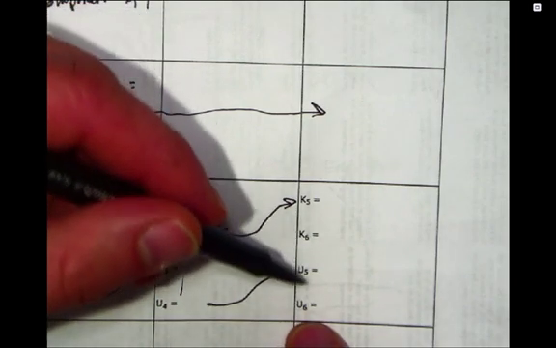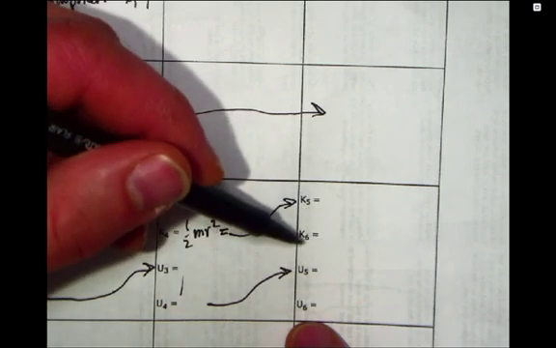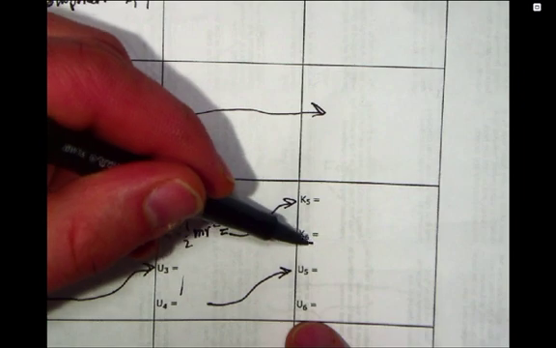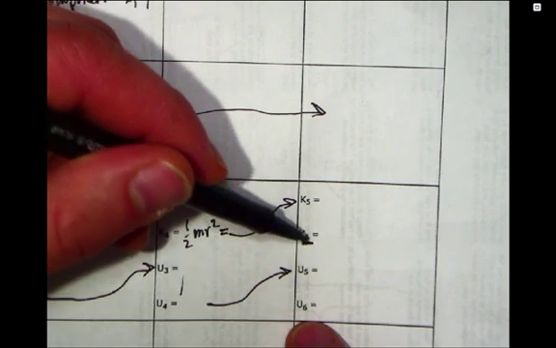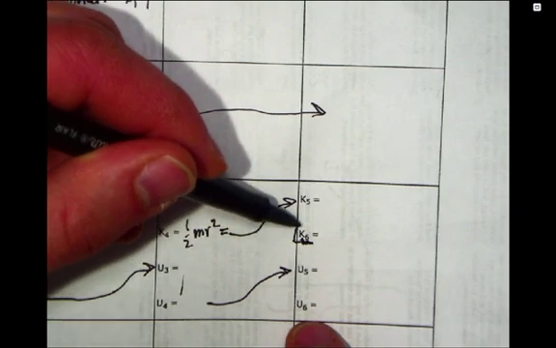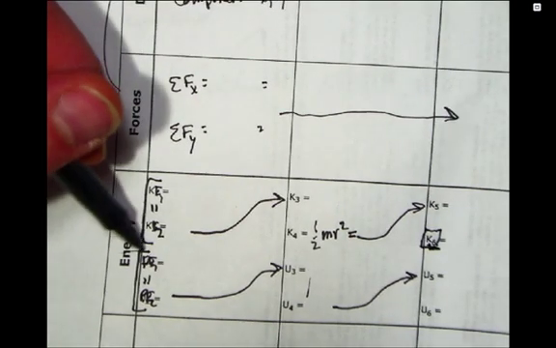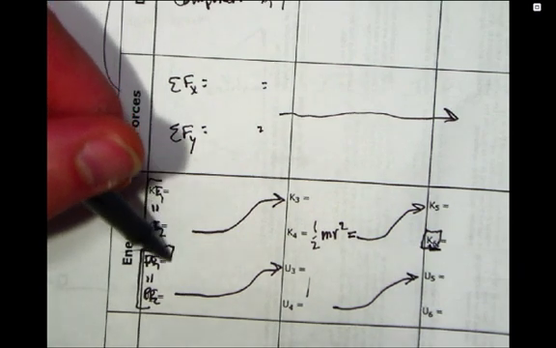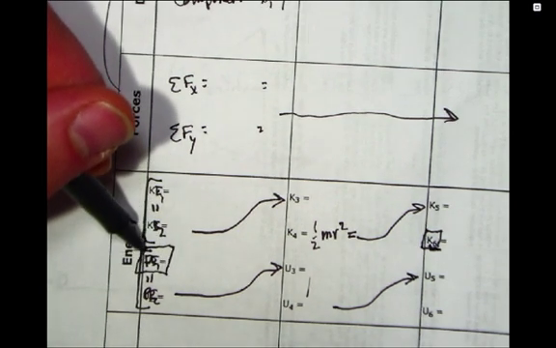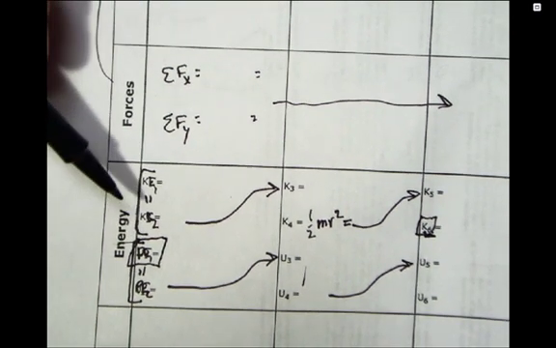But now you're going to add the change in potential energy here to that for kinetic energy 6. That's the final kinetic energy. And you want to look at that kinetic energy and see how it compares to the initial potential energy. If you know the law of conservation of energy, that should be somewhat clear.